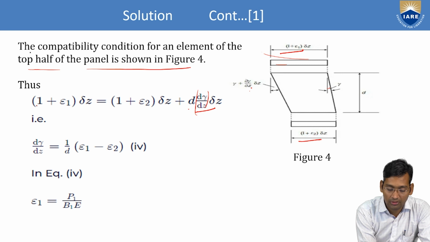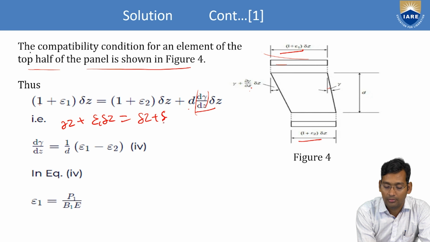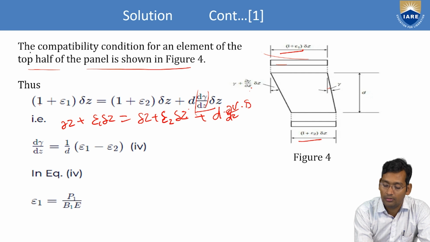So after multiplying, del Z plus epsilon 1 into del Z equals to del Z plus epsilon 2 into del Z plus D into d gamma by dz into del Z.